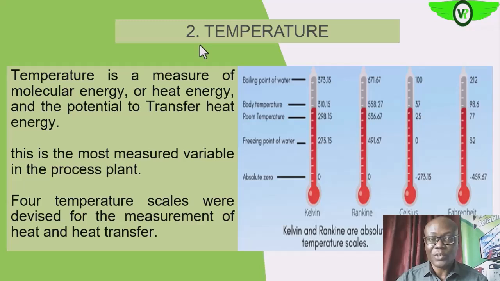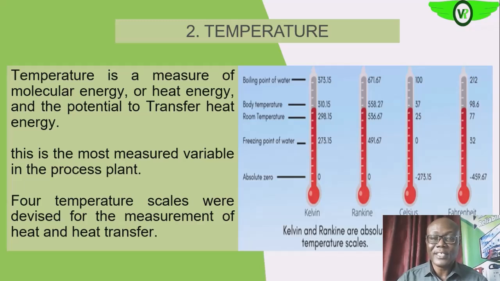Temperature is also a process parameter that could change with changing operational conditions in our process. So what is temperature? Temperature is a measure of the molecular energy of the process material, the process fluid that we are looking at.